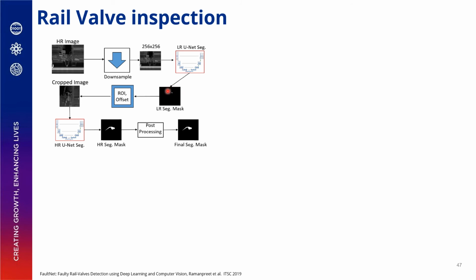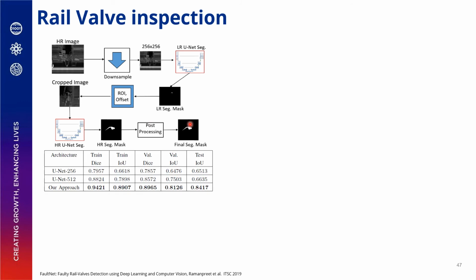So around the detection, we would do our cropping, and then in the cropped image, we no longer need to downsample it at all. We'll run our high resolution UNet segmentation over here to get the binary output for the wall, and then we also do some post processing to improve the results further using morphological functions.